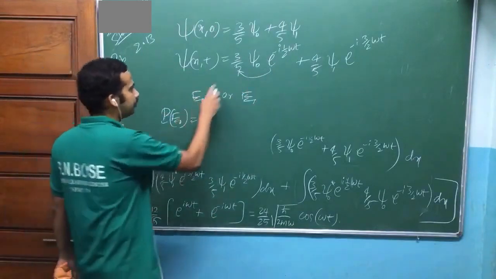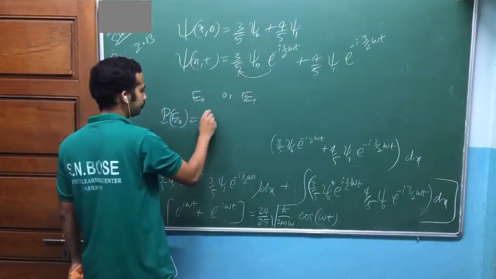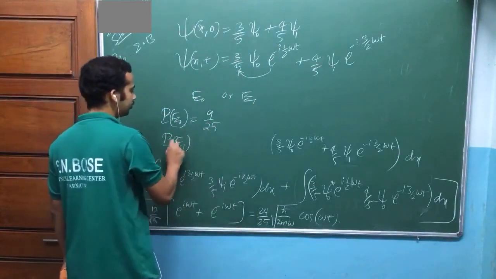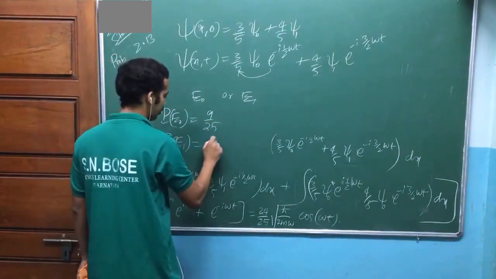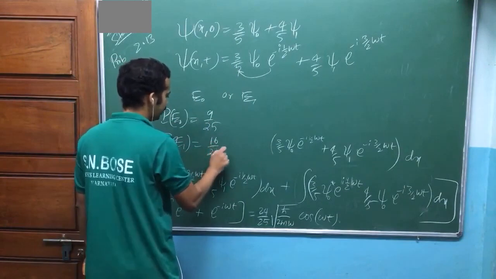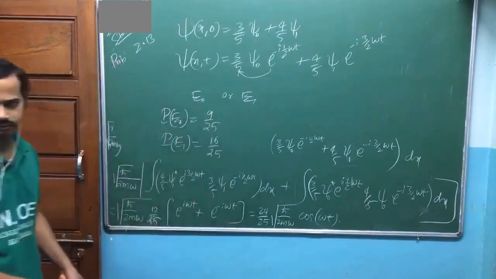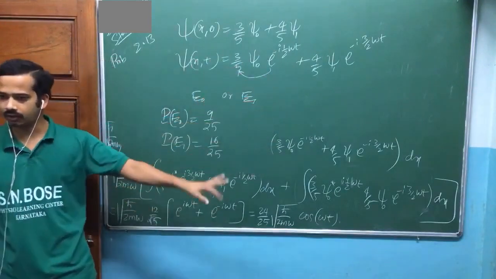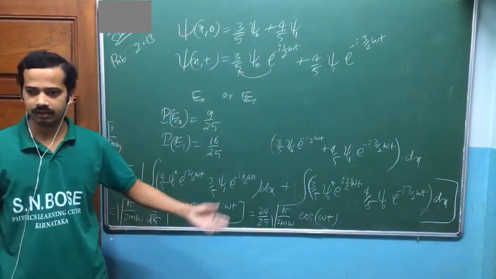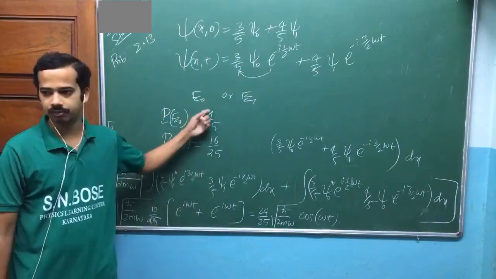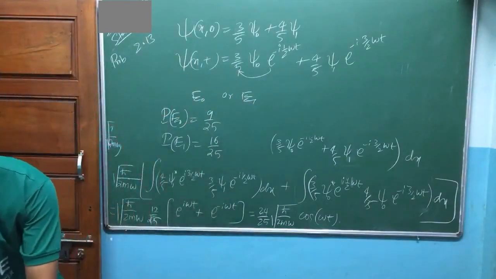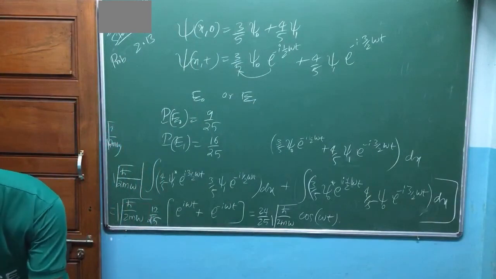So the probability of E0 is equal to mod square of this coefficient, 9 by 25. Probability of E1 is equal to 16 by 25. Obviously if you add, you will get 1. Either you should get E0 or E1, like head or tail. There it is equal probability, here it is this kind of probability. The coefficient will decide the probability amplitude. Is that okay? Any question quickly?